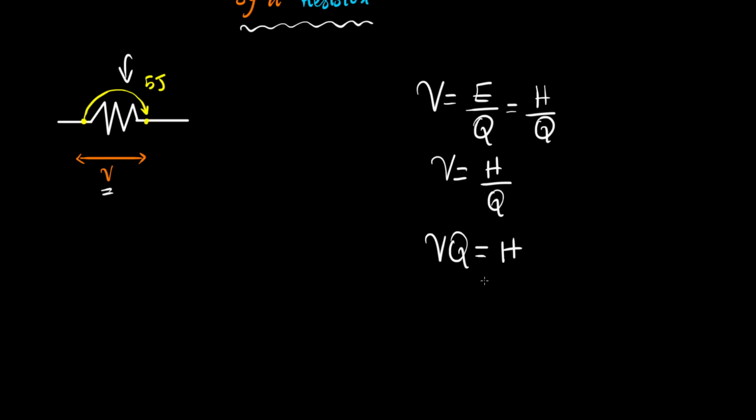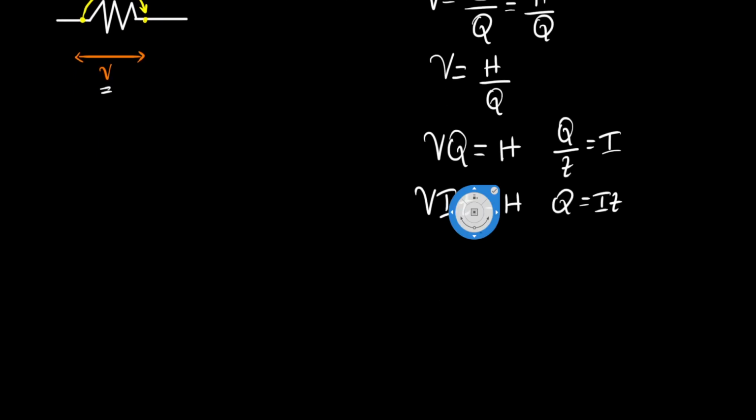Now this formula can come in different variants by substituting for Q and V. Substituting Q as IT, because Q by T is equal to I, and Q is equal to IT, we get VIT is equal to H. Similarly, V is equal to IR from Ohm's law, so substituting for V as IR, we get I squared RT is equal to H.